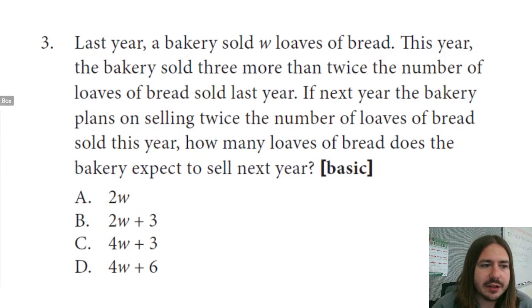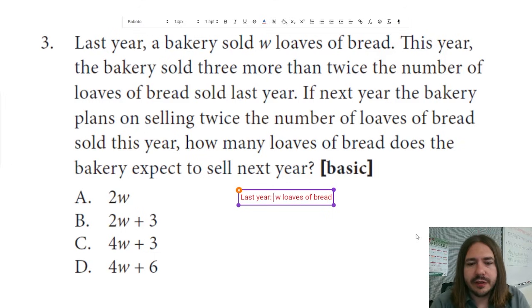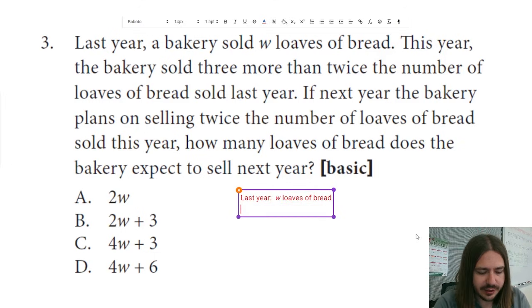Okay, so last year we sold W loaves of bread. And then this year, I'm going to keep track of this as I read it. This year, the bakery sold 3 more than twice the number of loaves of bread sold last year.